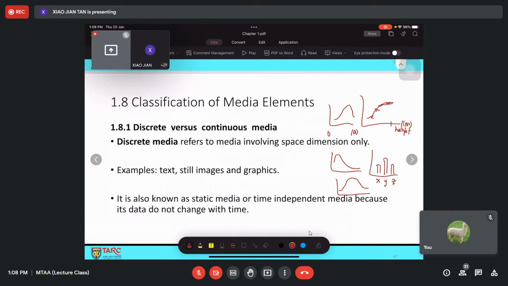So let us put the terms discrete and continuous in multimedia. Discrete means you can interpret the information by using the information at this moment. For example, you have a letter A. Whenever you see this alphabet, you can interpret, oh, this is an A. But for a video or audio, you cannot really interpret.